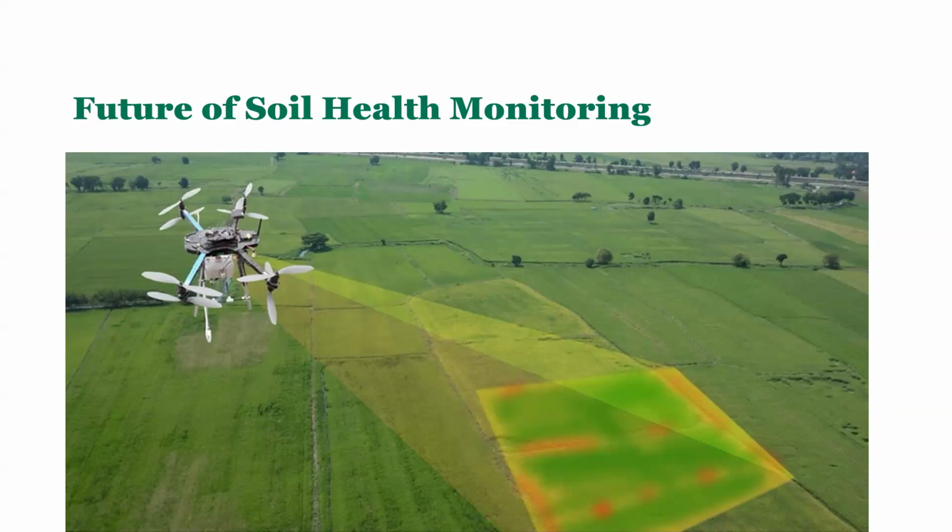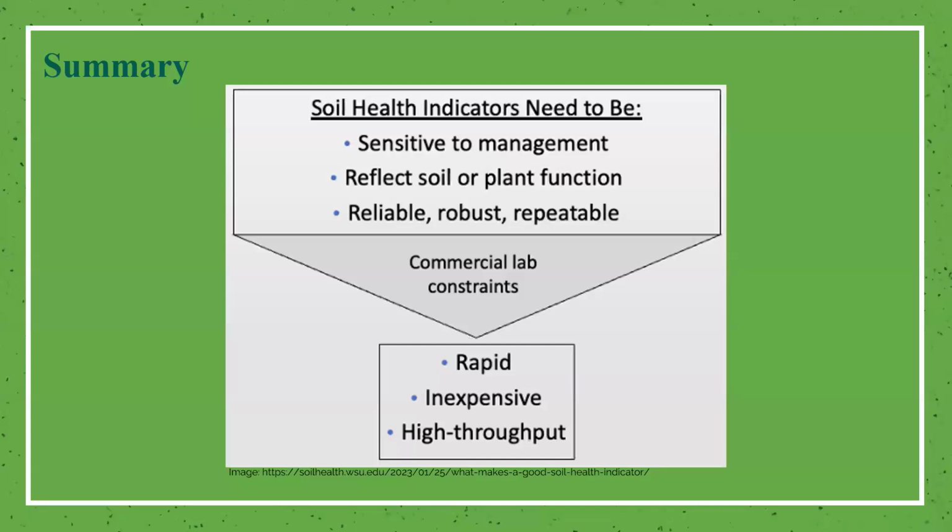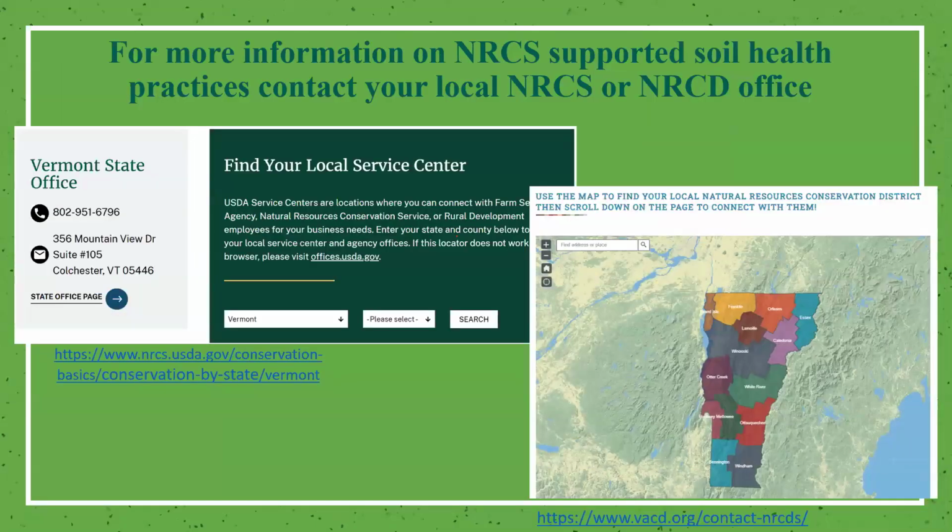I know most people are familiar with NRCS on this call, and they have some great programs and funding to help fund soil health practices, as well as planning and assessment. So we would recommend that you contact NRCS if you're interested in receiving some funding to help implement practices, monitoring, etc. All right.